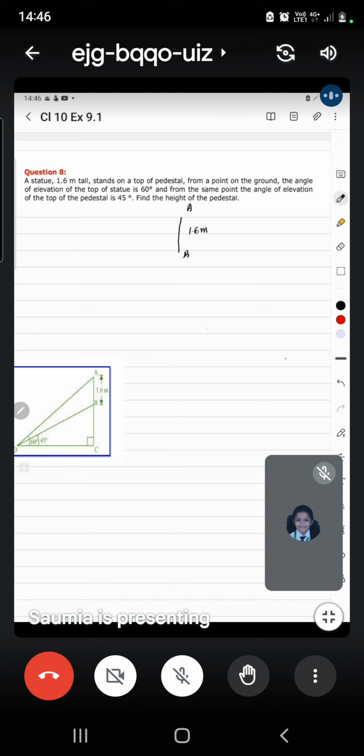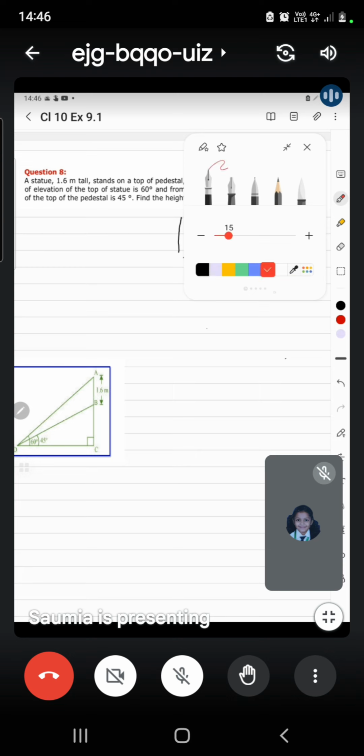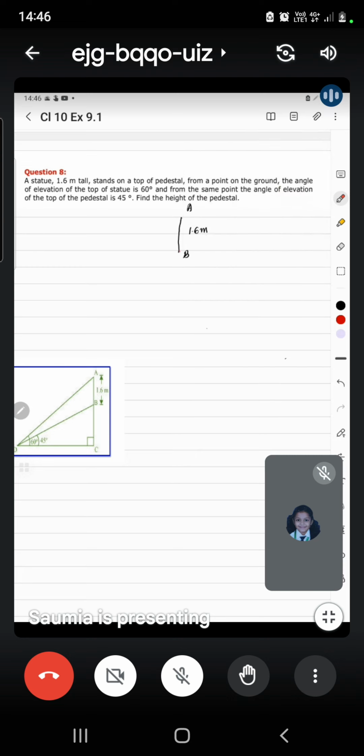But this statue is not standing on the ground. It is on the top of a pedestal. So the pedestal is standing on the ground, like a pole or a pillar, and a statue is placed on it. So that pedestal is perpendicular to the ground. The pedestal is BC and AB is my statue.